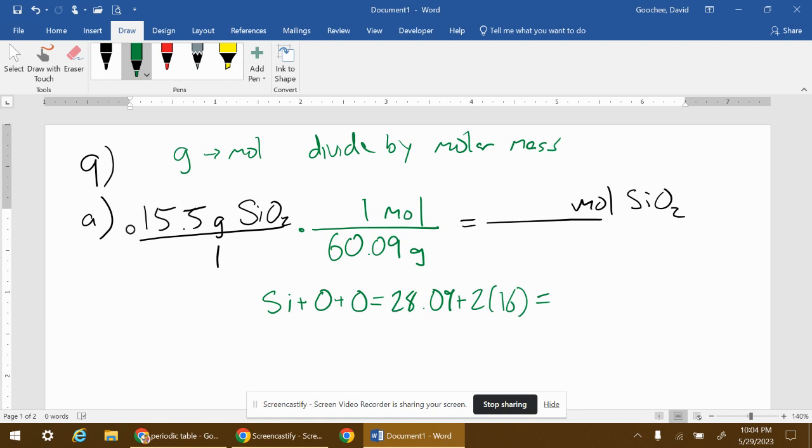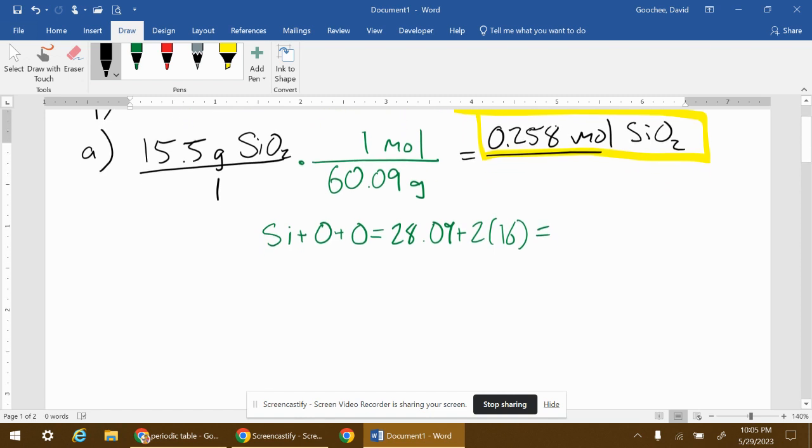We only have 15.5 grams. So we're going to have much less than 1 whole mole. So 15.5 divided by 60.09, and that gets us 0.258 moles of silicon dioxide.